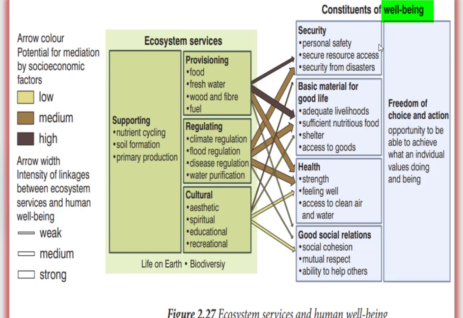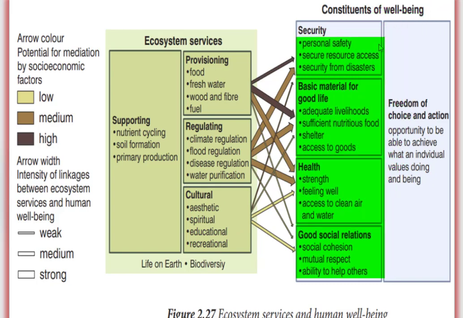That means ecosystem services make human beings safe, give secure resource access, protect from disasters, provide adequate livelihoods, sufficient nutritious food, access to goods, and shelter. It makes us have good strength, feel well, and have access to clean air and fresh water.